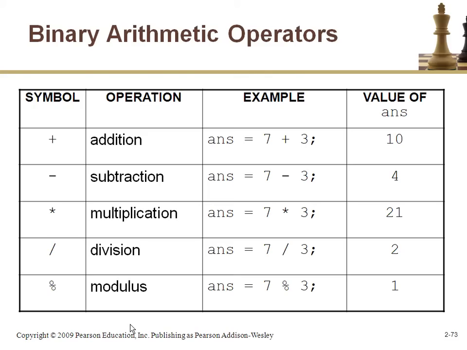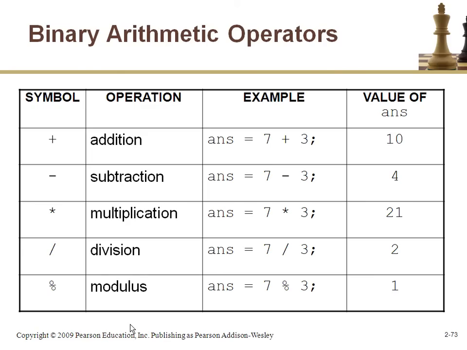Division is slash. Answer equals 7 divided by 3, giving you 2. The last symbol is fairly new to some of you. The percent sign is being used for modulus. Answer equals 7 mod 3 will allow you to take 7 and divide it by 3.